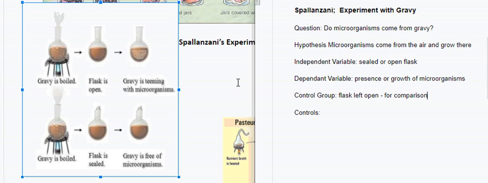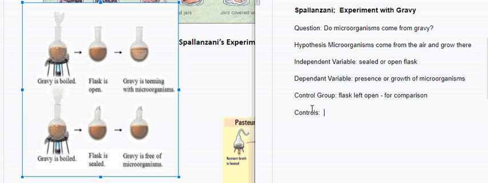This is what would normally happen. Even though it was boiled to kill any microorganisms, they grew in it afterwards. All right. And the results of the experimental setup showed that the gravy is free of microorganisms. Nothing could grow in there.